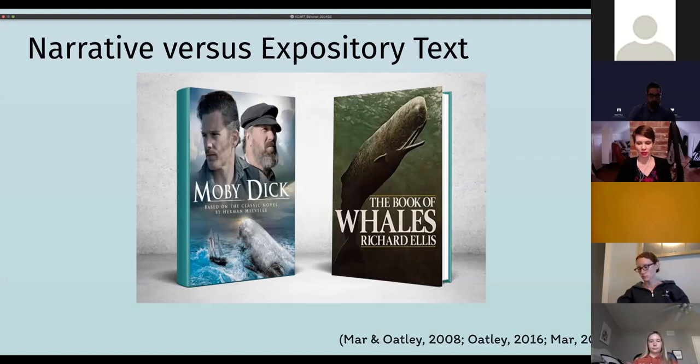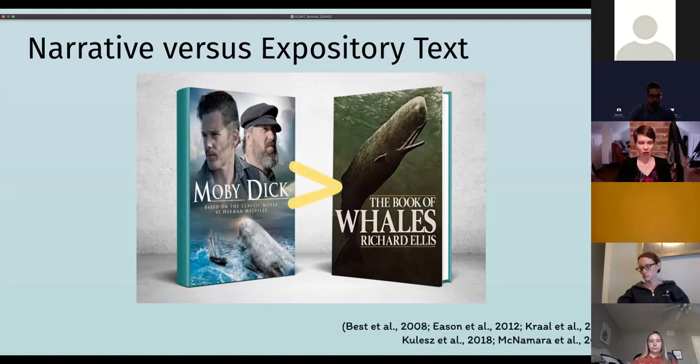We know that in typically developing children, the opposite is true. So typically developing children understand narrative text better than they do expository text. There are potentially multiple reasons for this, but the argument has largely been that children can rely on their understanding of the social world when reading narrative text in order to interpret and understand it.